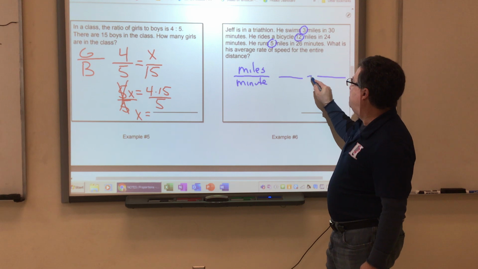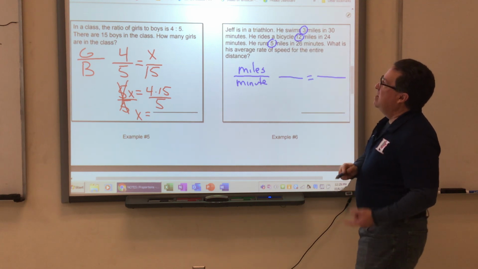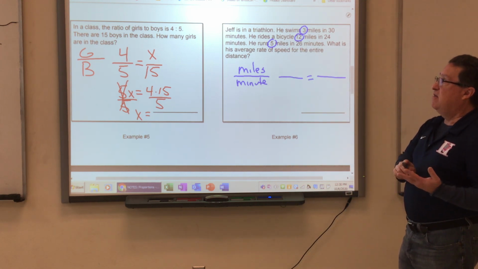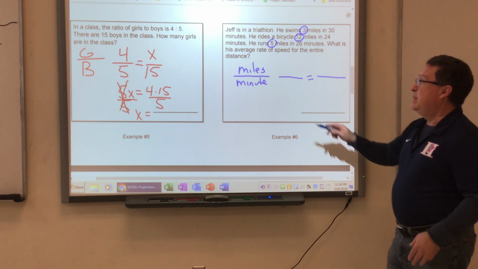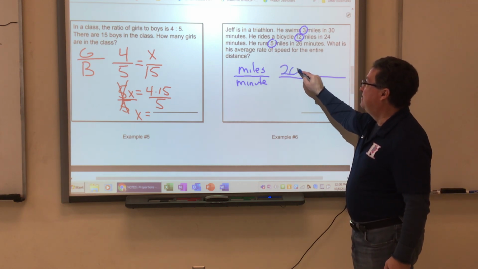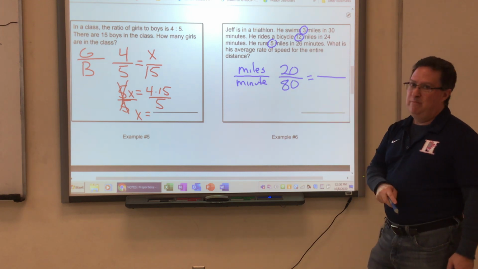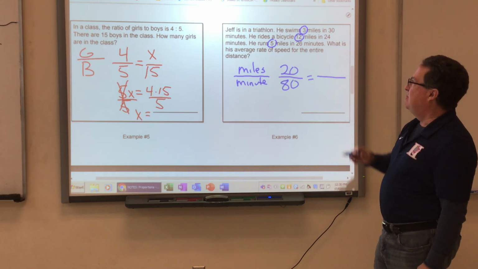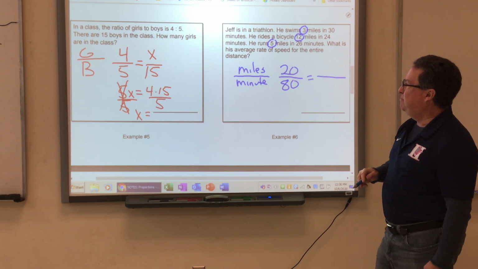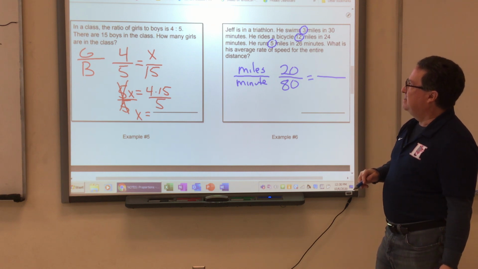Now, write what you know. If I run 3, I bike 12, and I swim 3, then that is 20 miles. I take all the minutes and write the total minutes. And then for my question, what is his rate of speed for the entire distance?